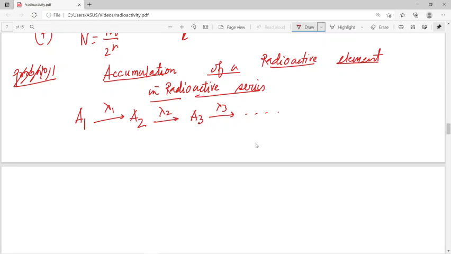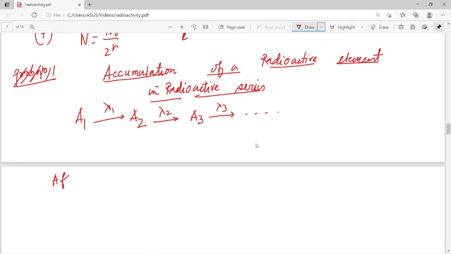If we analyze the series mathematically, we assume that initially at t equals 0, N0 atoms of parent nucleus A1 are present, which decay to element A2 with decay constant lambda 1.